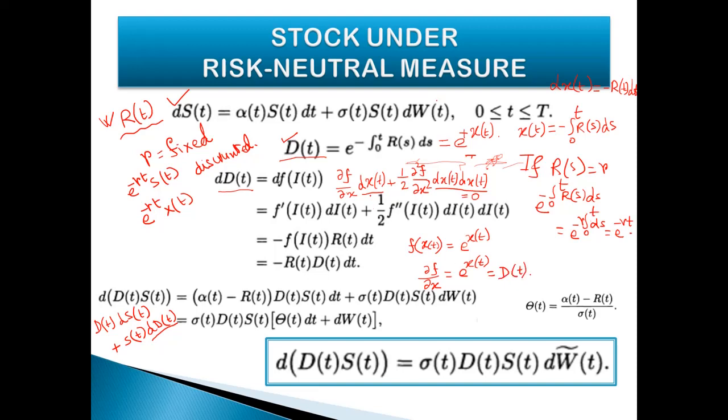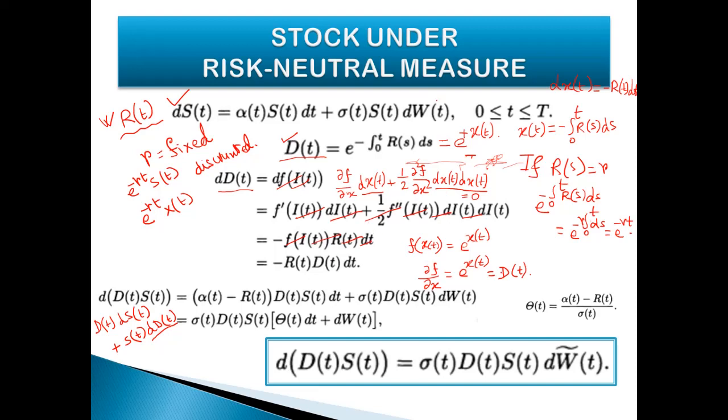Okay, so when you consider the dD_t, forget these terms, I think it is easier if I write down as x. So what we have here is dD_t equals del f del x dx_t, and the other term, when we have dx_t multiplied, gives us 0. So it's only del f del x dx_t. What is del f del x?